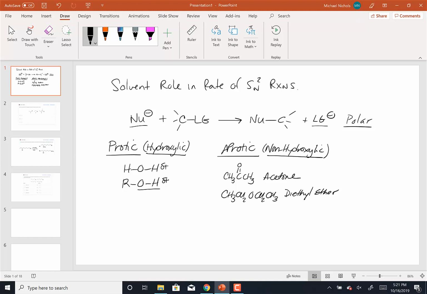Another has a CH3 attached to a sulfur with a double bond. This is sort of a sulfur analog of acetone. This is called dimethyl sulfoxide, which is abbreviated DMSO.